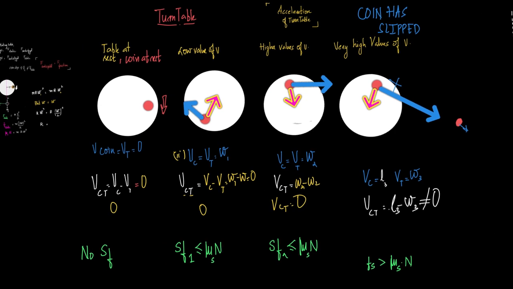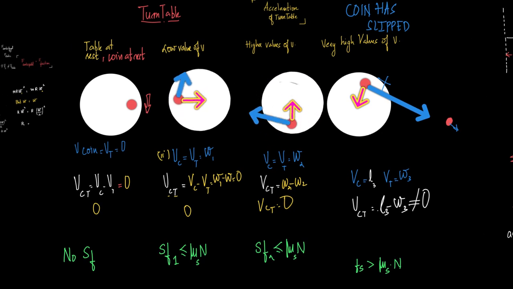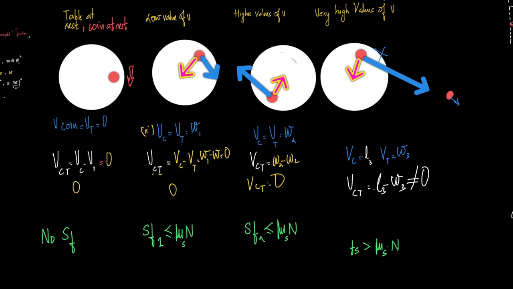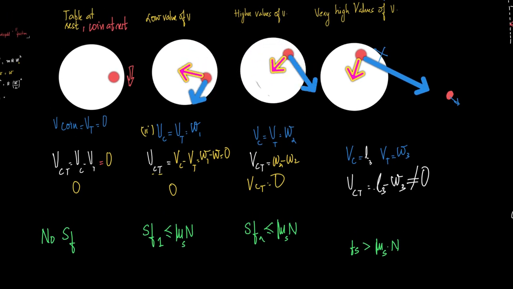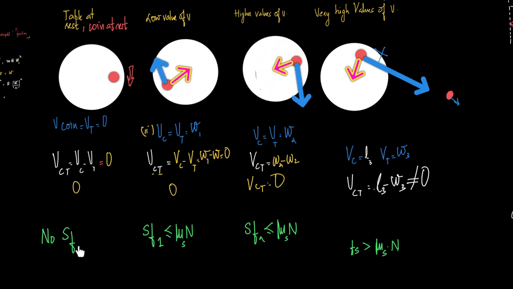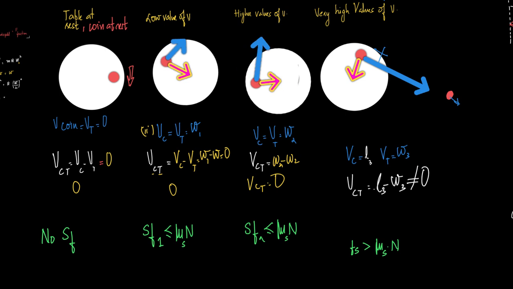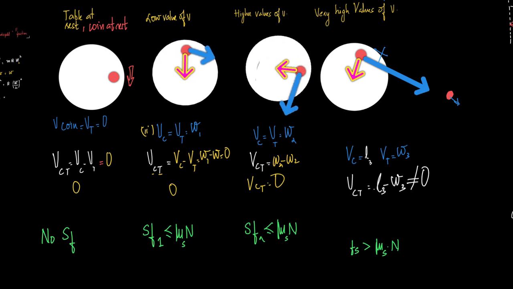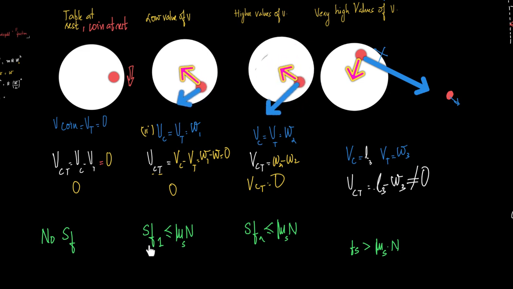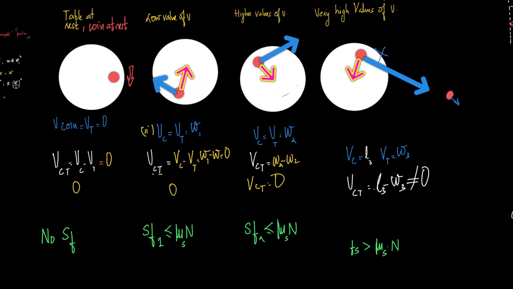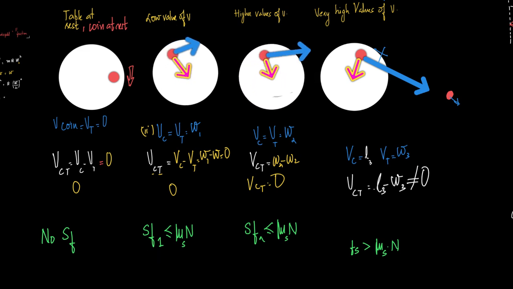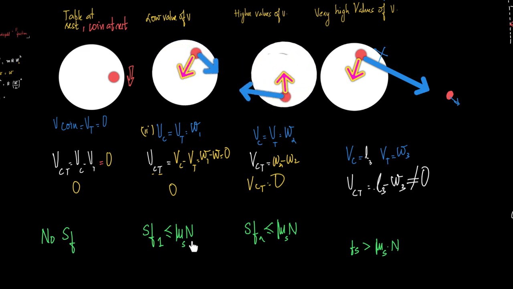Yeah. So now let us try to understand what happens with friction here. See, when the table and the coin, both of them are at rest, there is no concept of static friction, right? Because static friction is at rest. But when there is an external force applied and when the table is rotating, static friction will come into the picture. For low values of v, we know that the static friction would be less than or equal to mu s into n, right?